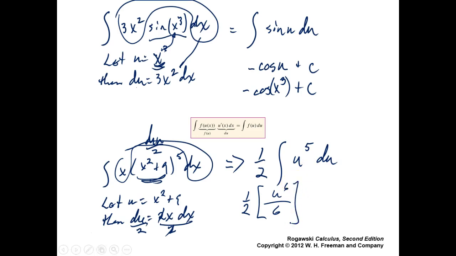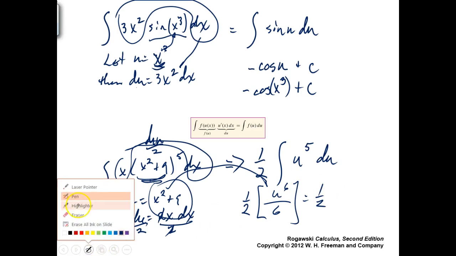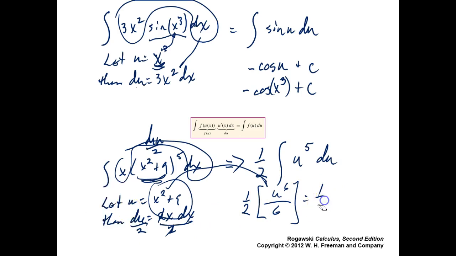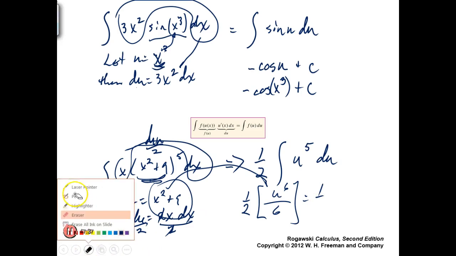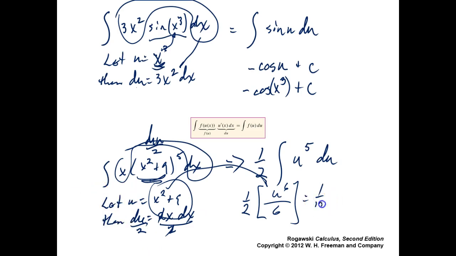Now, next thing, plug in what u is. And that will be 1/2, let's make it 1/12, because you've got a 1/2 and a 1/6. Oh, I didn't need to do that. I could have just written 1/12.